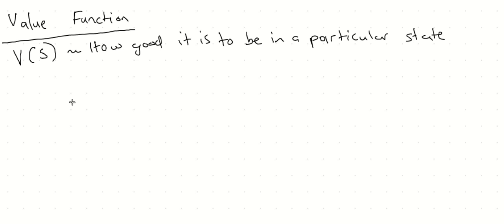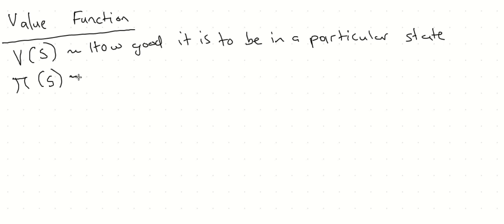And the next thing we actually need to know is what is policy, right? So we denote a policy by pi, right? Pi of s, right? So what is pi of s, you might ask?